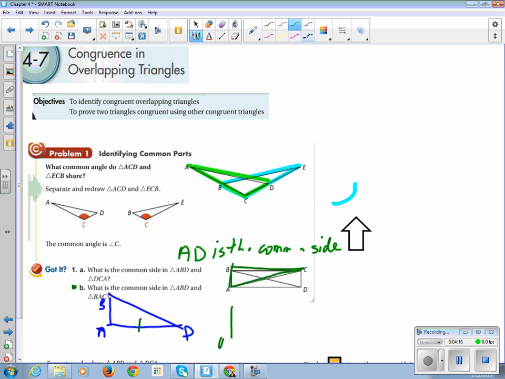So let's draw that. So what is the common side for these two triangles? BA, for sure. BA is the common side.